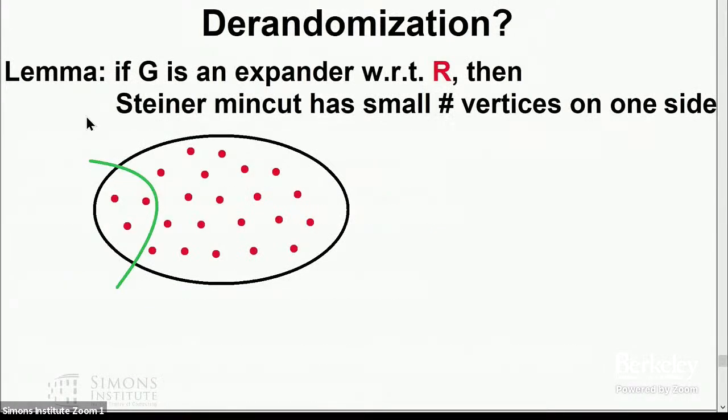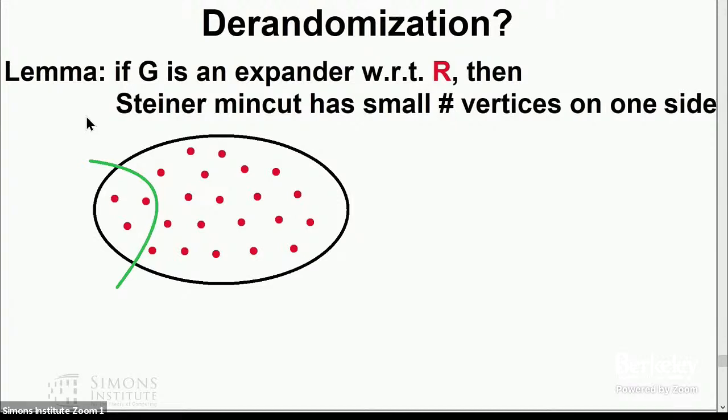cut. So finally, last slide, what about derandomization? What if we want to derandomize that random sampling step in the Steiner min cut? It turns out it's not so clear how to derandomize in general, but what we're going to exploit is that if G is an expander, now it's a bit more technical to define what it means to be an expander with respect to a subset R, but let's just forget about that for the talk.